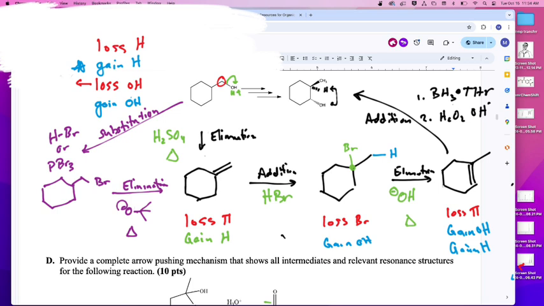Yes, the epoxide, I think, can get you the H and OH. The challenging part is you need to get the H to come in there, and that H needs to come in as a minus. I believe you can pull that off with sodium borohydride or lithium aluminum hydride to bust open epoxides.